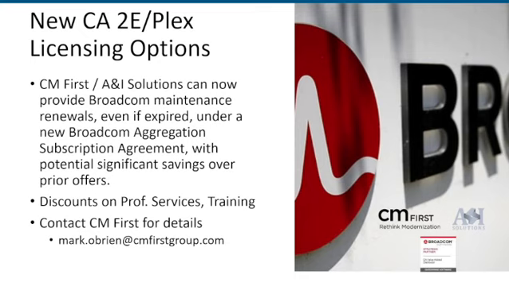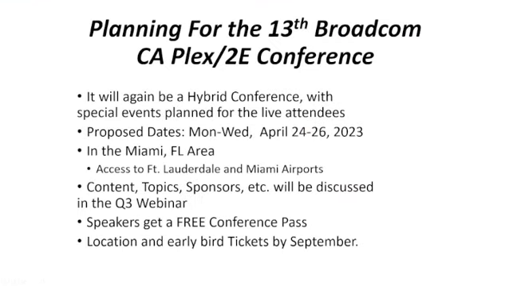Next slide: we have the 13th worldwide Broadcom CA Plex 2E conference coming up. This will be in the spring of 2023, literally a year from now. It'll again be a hybrid conference. We've got special events planned for the live attendees, so it always pays to go live, although we understand that some people want to attend remotely as well.